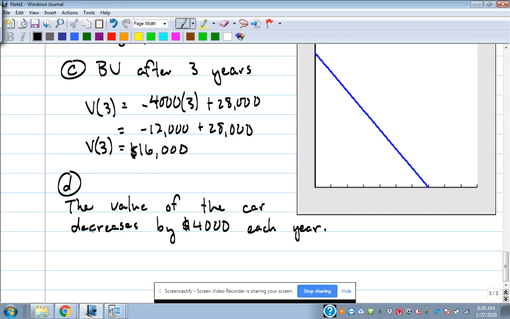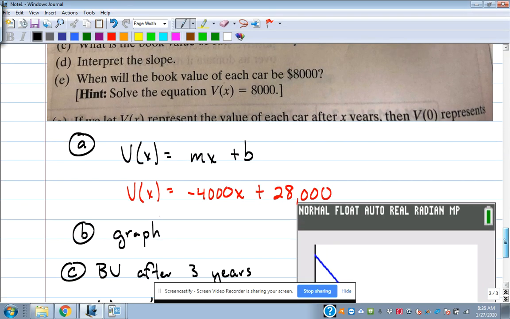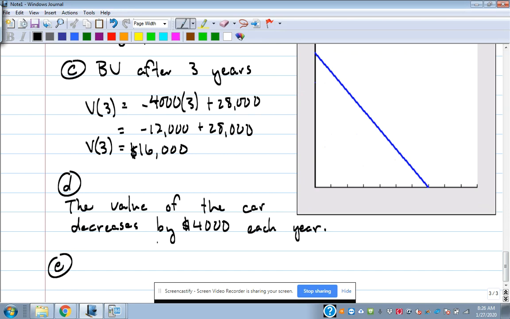E part says, when will the book value of each car be $8,000? And it gives us a hint there. Yeah, set the whole thing equal to 8,000. So negative 4,000x plus 28,000 equals 8,000.